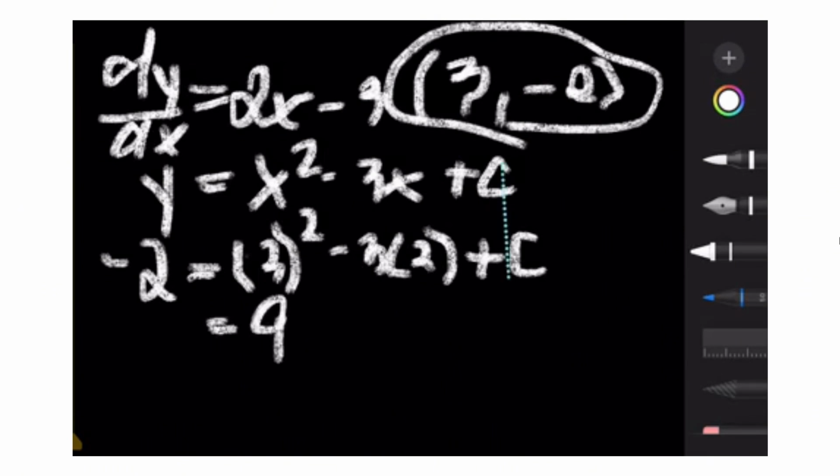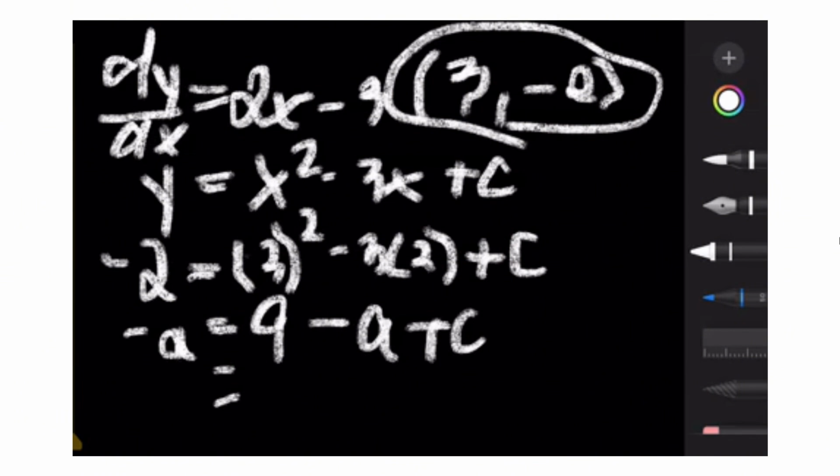This is going to be 9 minus 9 plus c. This is going to be negative 2. So these two will cancel out, so we can't move them to the other side since it will still be 0. So we'll have the value of negative 2 for our c.